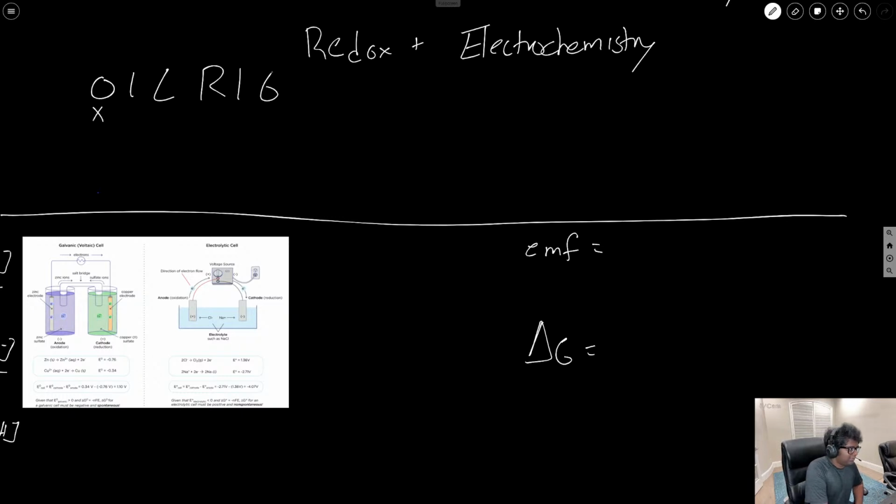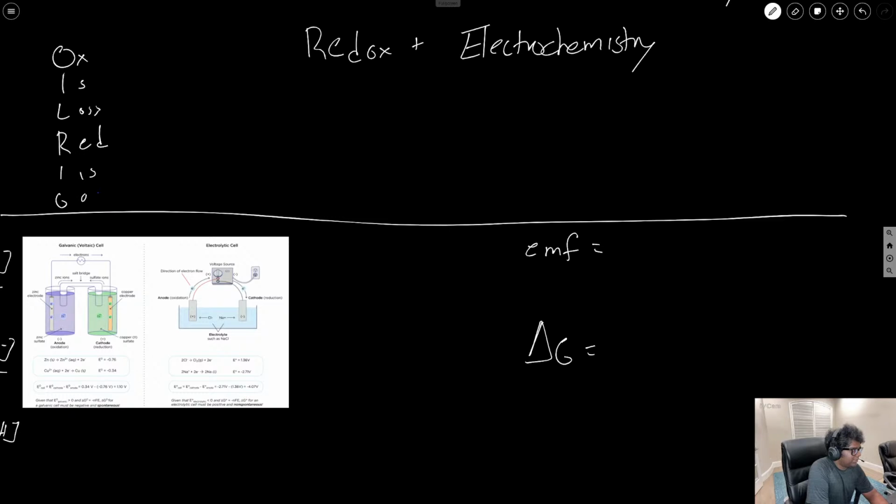So oxidation is loss. Oh, that's so lame. Hang on, I'll write it vertically. Oxidation is loss. Reduction is gain of electrons.